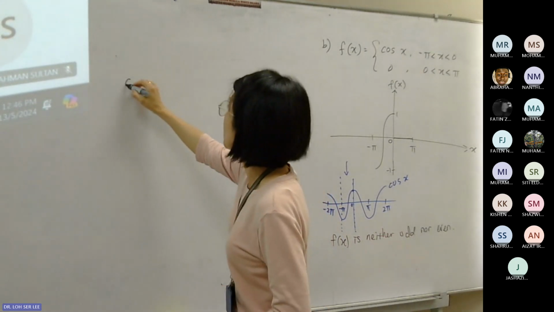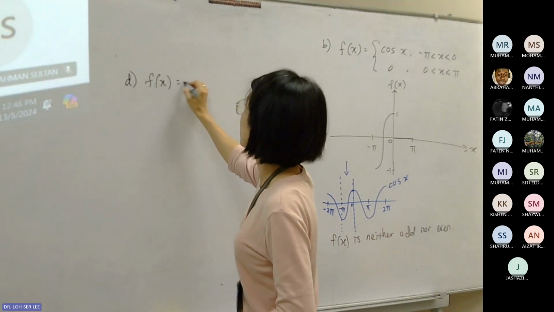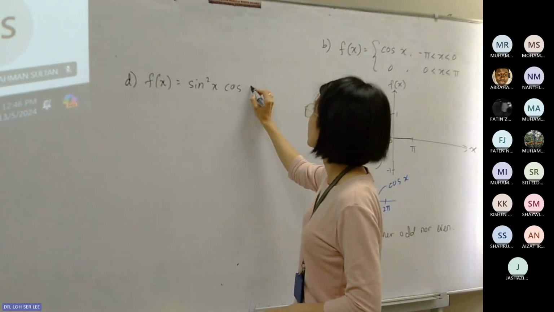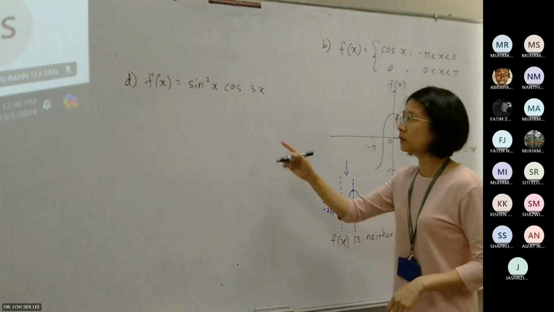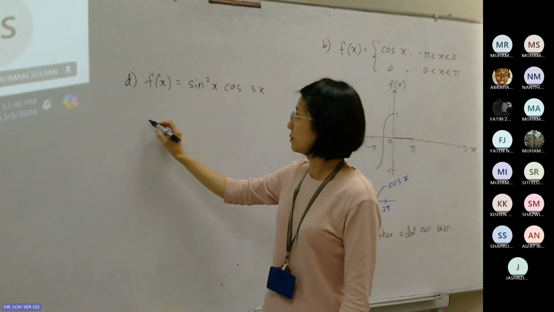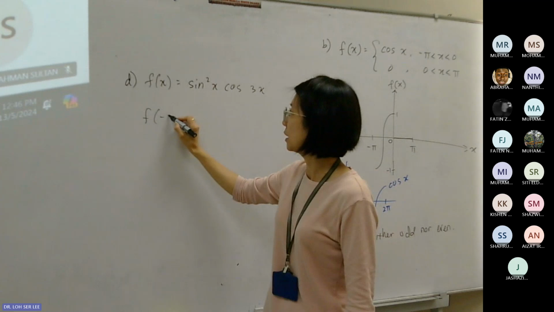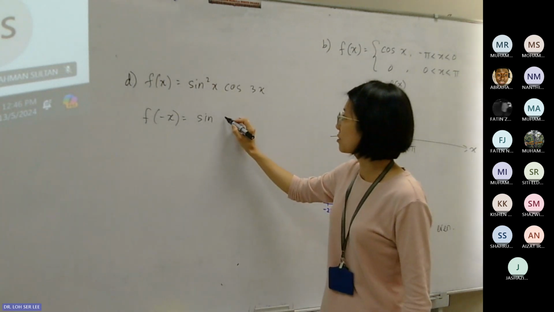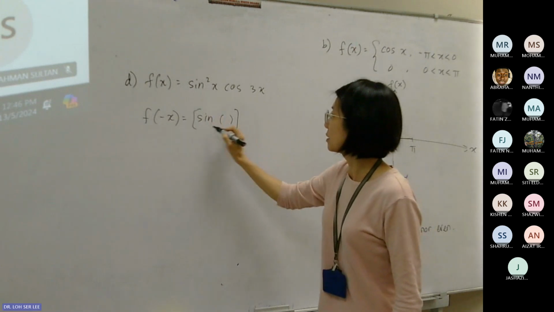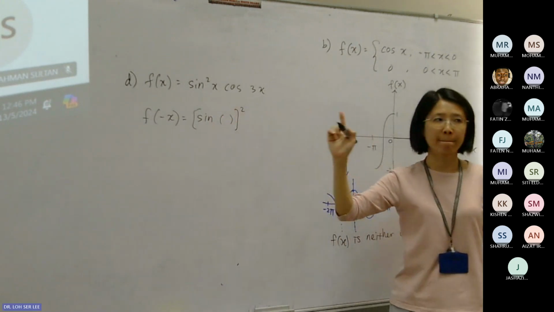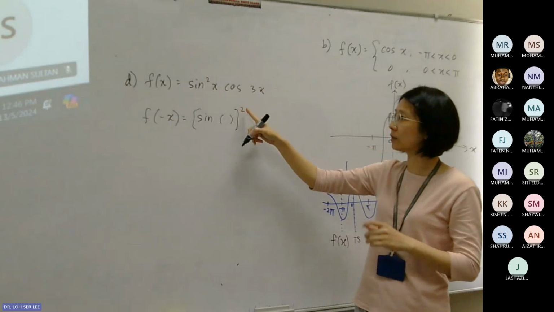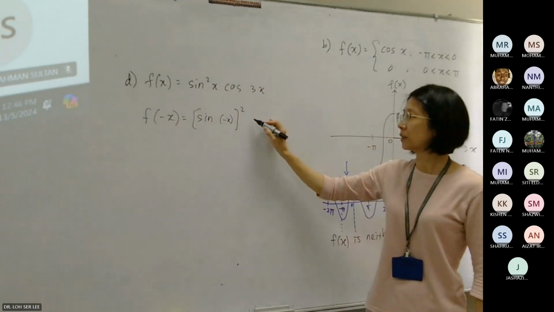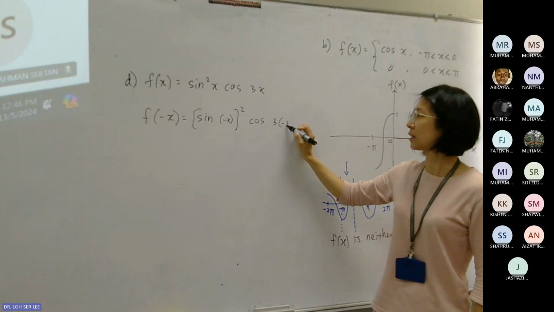Just now the question D, f(x) is sine square x cos 3x. Sine square x is actually this one. The square here is referring to the square here. x we change into negative x, and then cos 3 negative x.